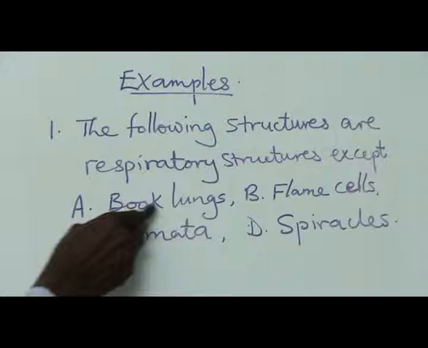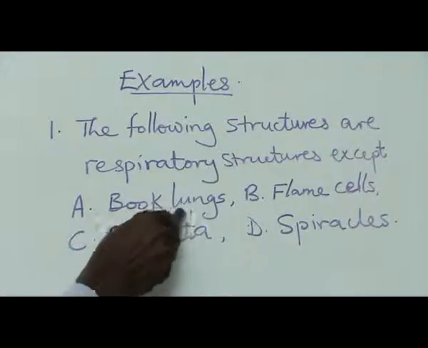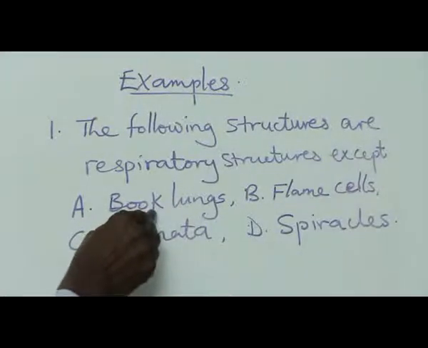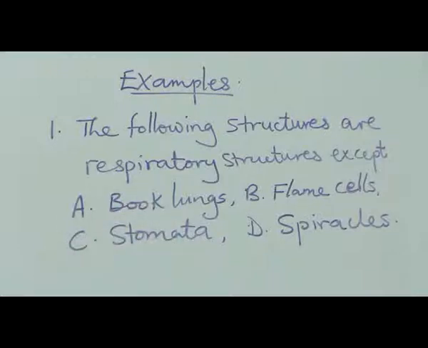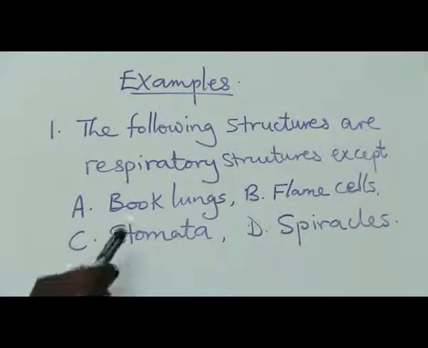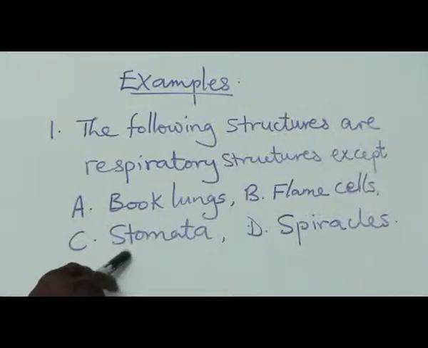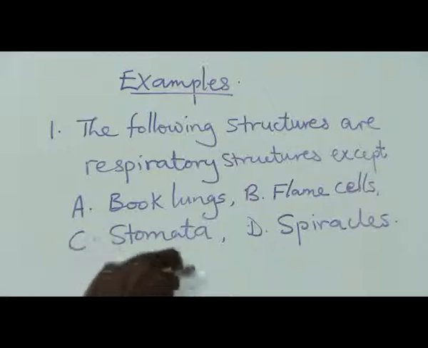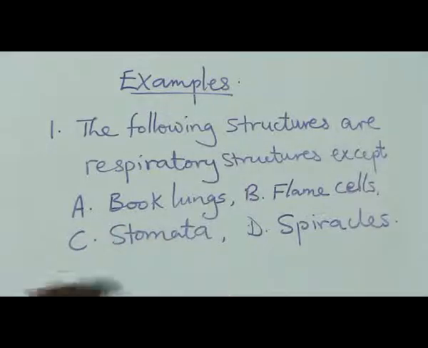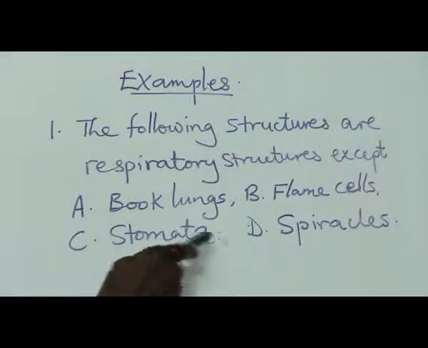A. Book lungs. This is the respiratory surface for animals like arachnids, e.g. spider. Stomata. These are tiny microscopic pores on leaves for gaseous diffusion into the tissue and outside the tissue. So it's for respiration.